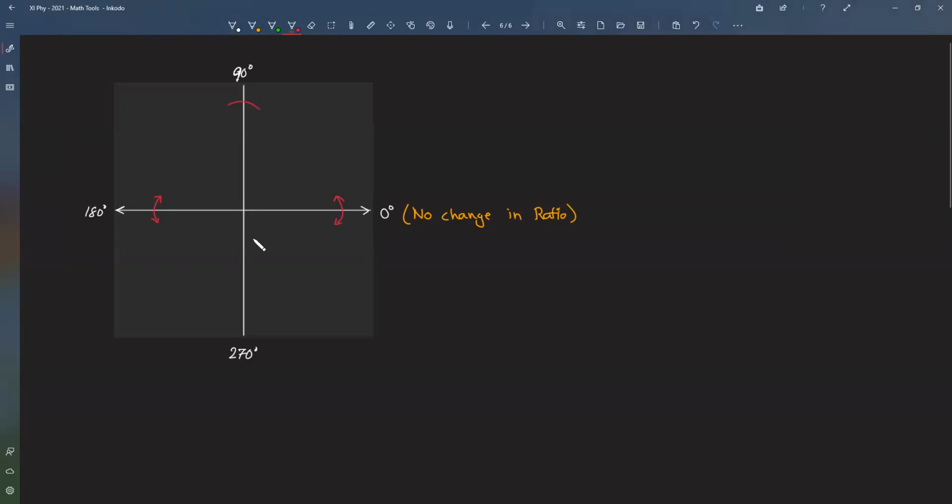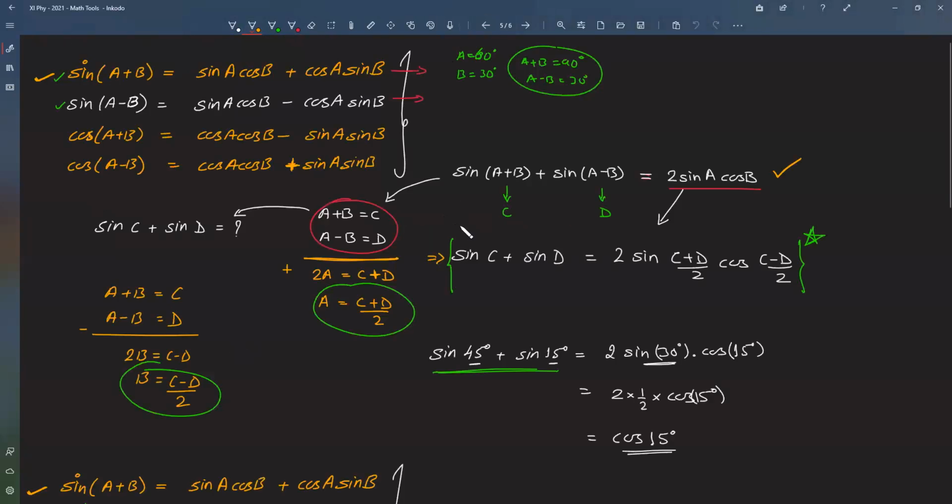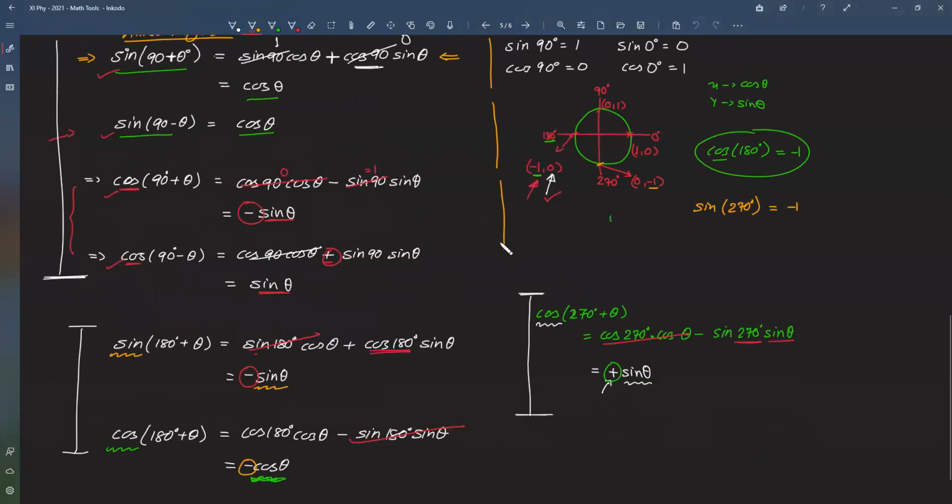Whether you are doing 90 plus theta or 90 minus theta, or 270 plus theta or 270 minus theta, in both cases the ratio will change. What does that mean? That means sine changes to cos and cos changes to sine. That is what we have observed in the results which we derived earlier.